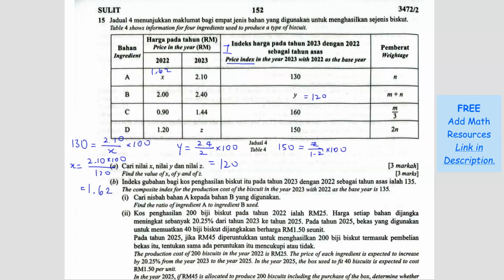So you bring all this to the left side, so you have to do the opposite. 1.2 from divide becomes times, so 150 times 1.2 divided by 100 equals z. So z equals 1.8. So you've found x, y, and z.